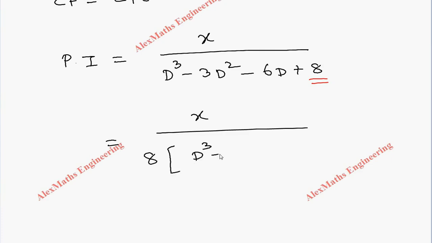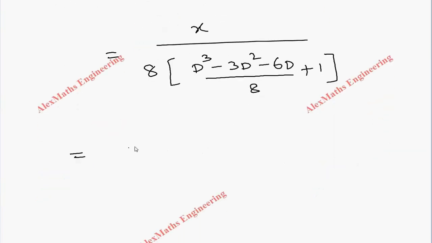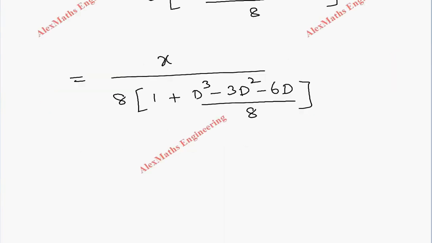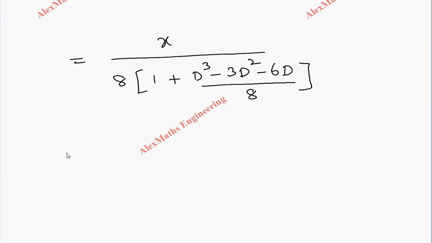D cube minus 3D square minus 6D whole divided by 8, this will become plus 1, and this we have to interchange and write. So x by 8, open bracket 1 plus (D cube minus 3D square minus 6D) whole divided by 8, bracket close. Now let's carry this to the numerator.